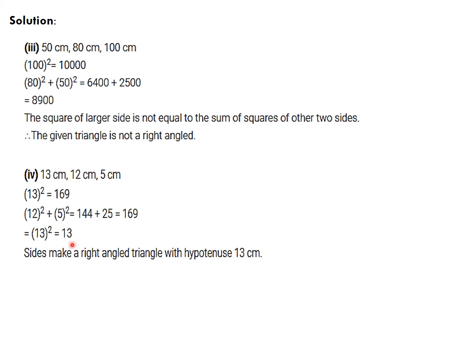So therefore we can see that 12 square plus 5 square is equal to 13 square, and this satisfies the Pythagoras theorem. Hence we can say 5, 12 and 13 centimeter are the sides of a right angle triangle. Now since 13 is the longest length, therefore 13 is the length of the hypotenuse.